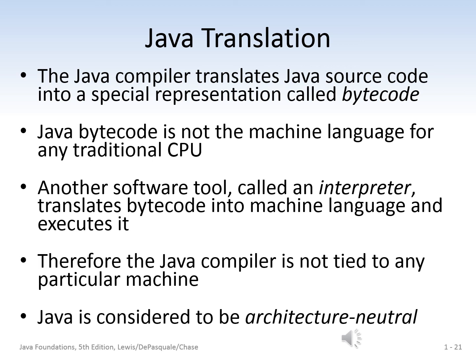So then another software tool called an interpreter is used to translate the bytecode into a specific instruction set architecture's machine language and execute it. So the Java compiler is not tied to any particular machine, okay? Thus, Java is considered to be architecture neutral.